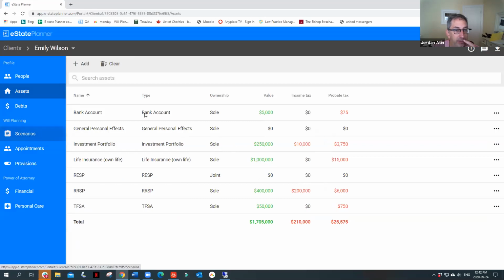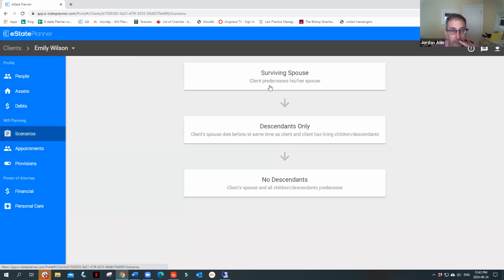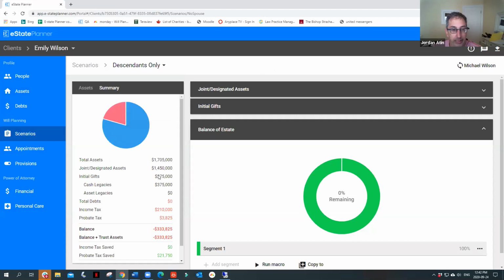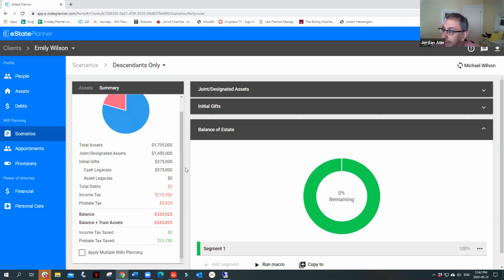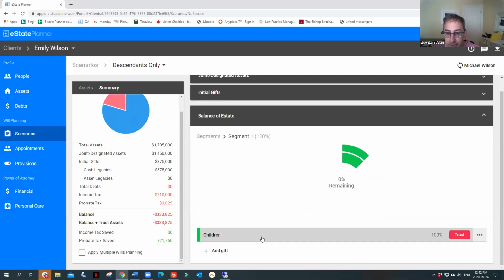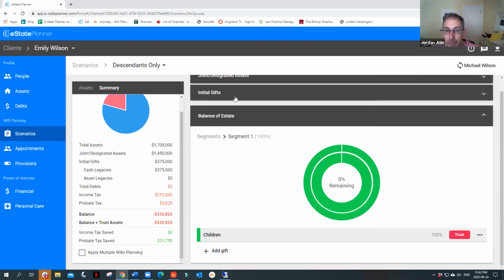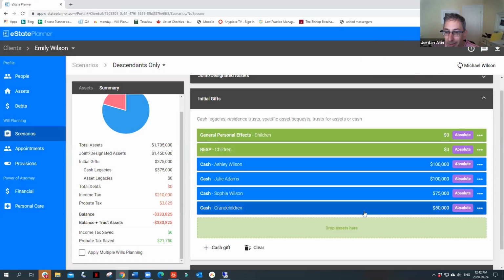Now if we go to the summaries and look at this scenario, we don't have enough money. And the residuary beneficiaries, I think in this case, are the kids. So they might say, we're making a bunch of these legacies to other people. Don't you want to make sure that the kids get at least a certain amount?